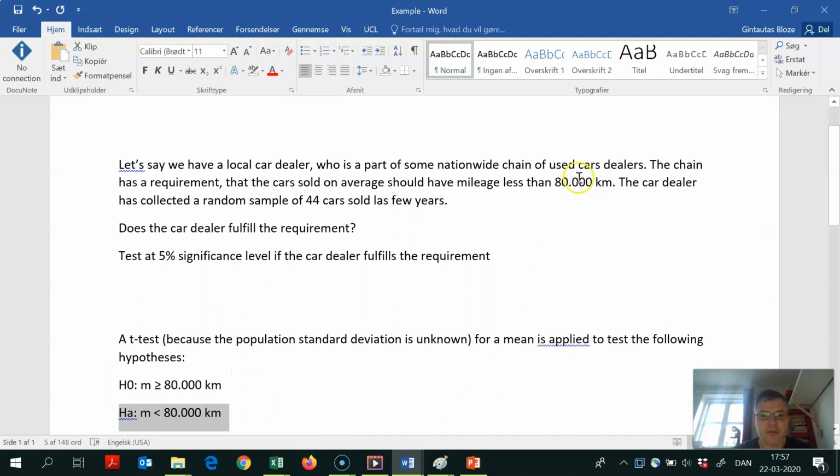The alternative is what we have to prove, and it is the reflection of the problem here, less than 80,000 kilometers. H0 is the status quo, or the opposite of the alternative, that is, it's not different from 80,000 or even more. Now it comes a little video: do it in STATA, and afterwards you insert the result in this text file.